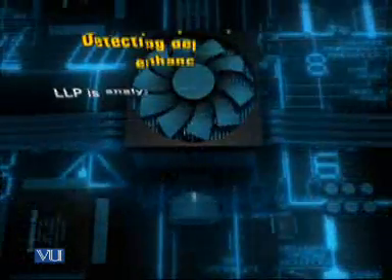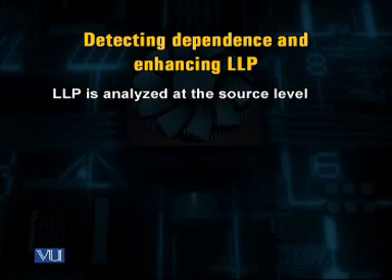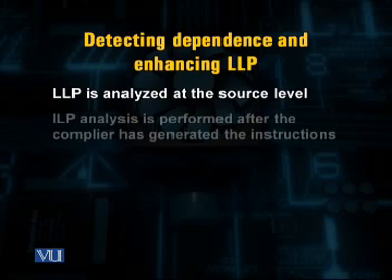The dependence in case of loop level parallelism can be detected by using different techniques. In general, the loop level parallelism is analyzed at the source level, that is at the higher level, and it is detected at that stage.